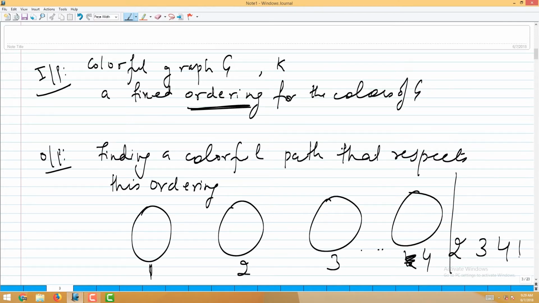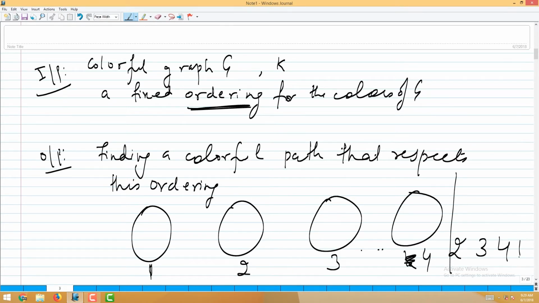So the problem that we are trying to solve is: is there a path in this graph whose first vertex comes from the color class 2, second vertex from color class 3, third vertex from color class 4, and the last vertex from color class 1? That's the kind of path that we are looking for right now.